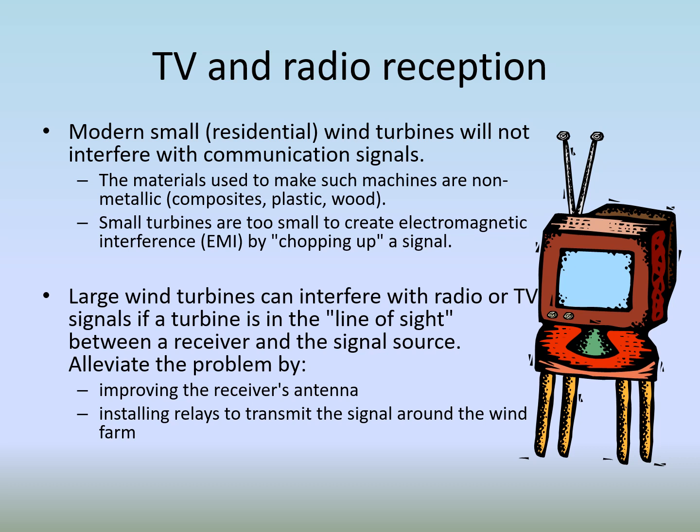Large wind turbines can interfere with radio or TV signals if a turbine is in the line of sight between a receiver and the signal source. Alleviate the problem by improving the receiver's antenna or installing relays to transmit the signal around the wind farm.